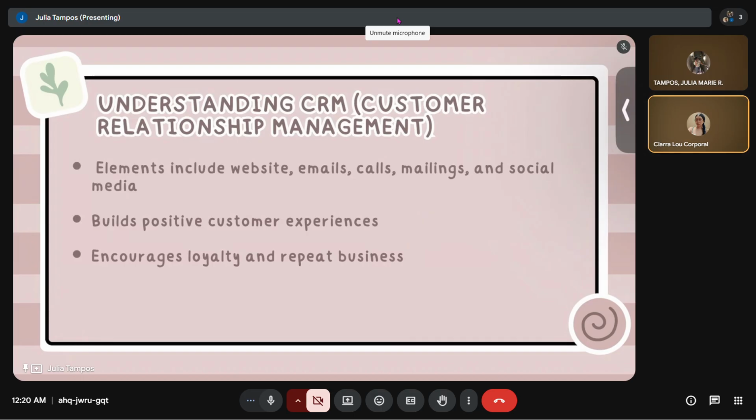For example, if a customer visits an online store, they would sign up on the website, then be able to receive emails about new products, chat with customer service, and follow the brand on social media. All these interactions are recorded in the CRM system, helping the company understand the customer better.